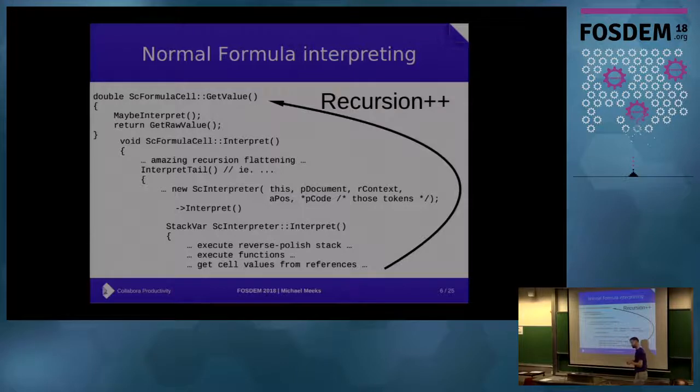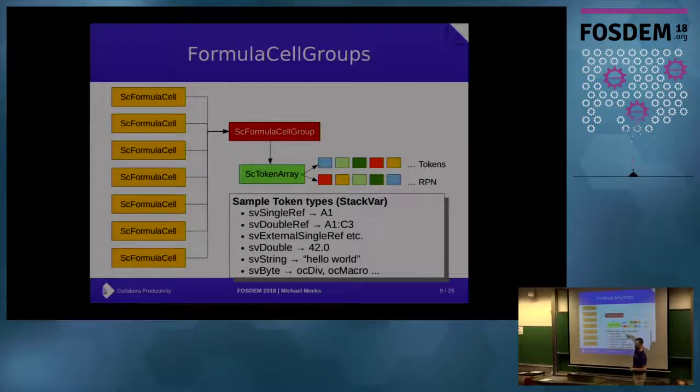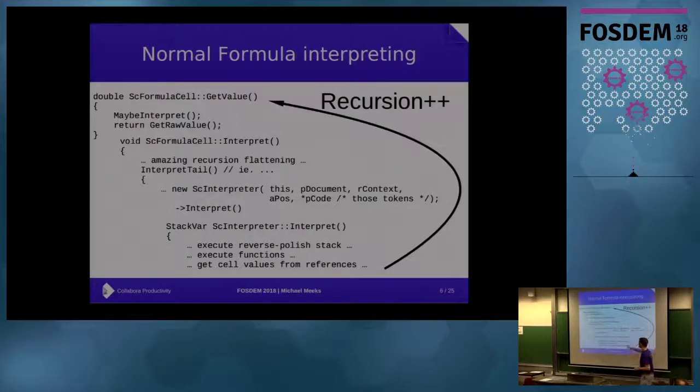Interpret then, of course, starts building this stack of these reverse Polish tokens. Execute those one by one. And as part of that process, you recall that some of these things are go get data out of the sheet somewhere else. As part of that, sometimes we recurse back up to here, and we find something else that needs another cell.